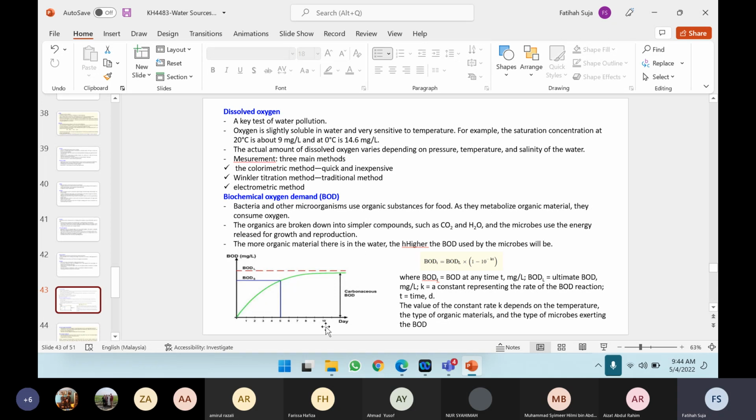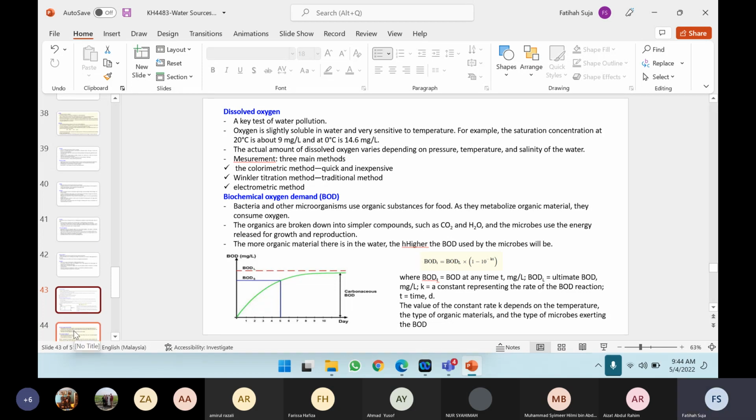Otherwise, you have to measure until maybe 12 days for this to reach the steady state, but that will take almost more than double the time for the measurement. So that's why you always use BOD5. But by having BOD5, you will also be able to estimate the BOD ultimate of your samples.